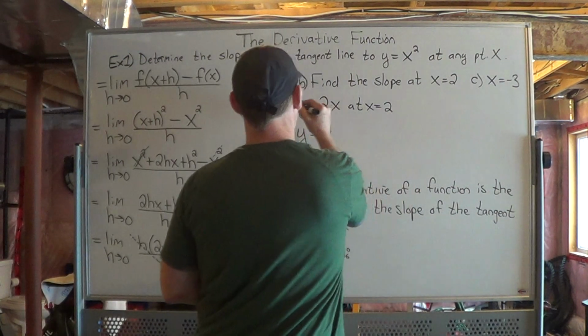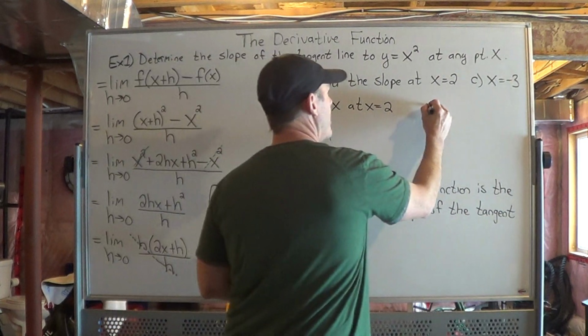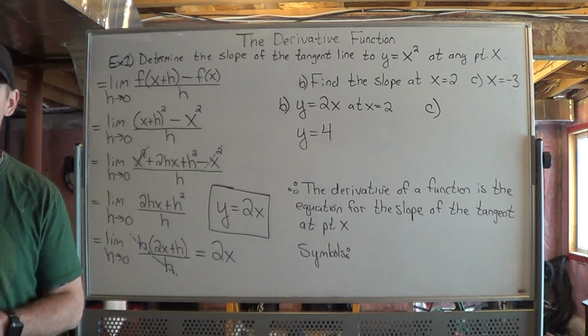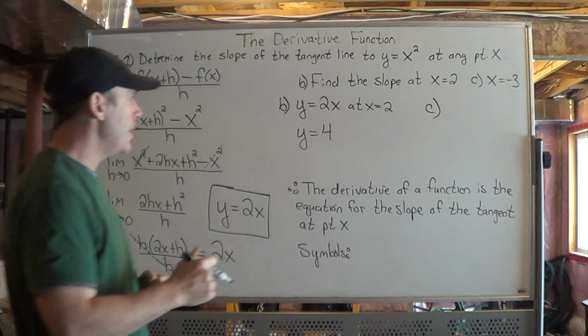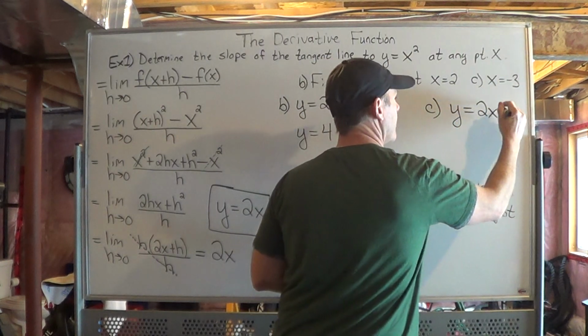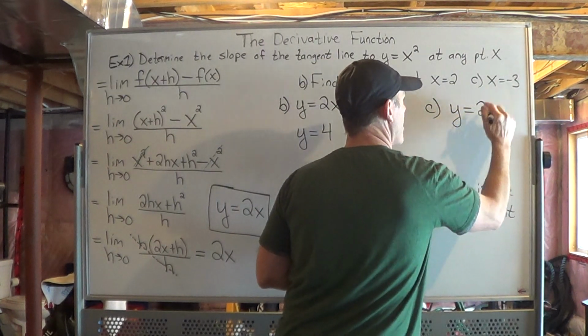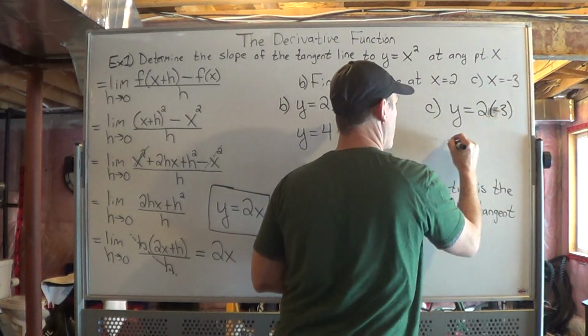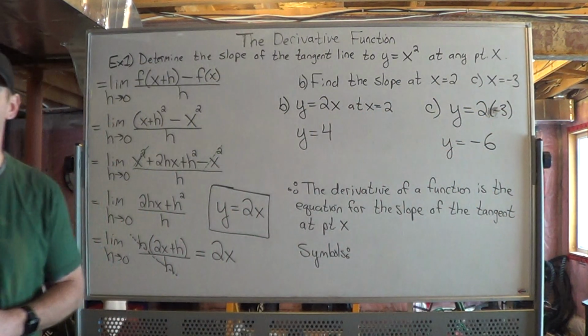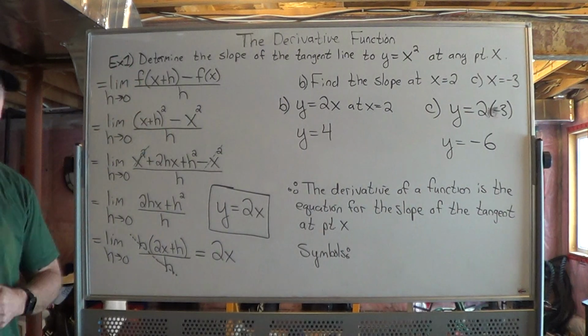So that was B, and then in C, it says, well, x is equal to -3. Find the slope of the tangent line at x equals -3. Well, again, I'm going to use the derivative as we call it. And I can substitute in that -3, and of course, then the slope is -6. Again, saves us having to go through the limit again.